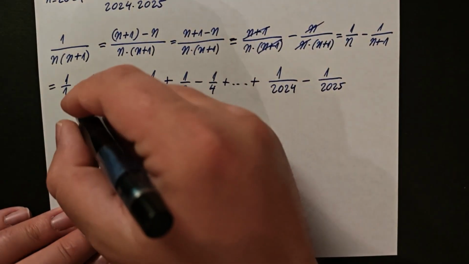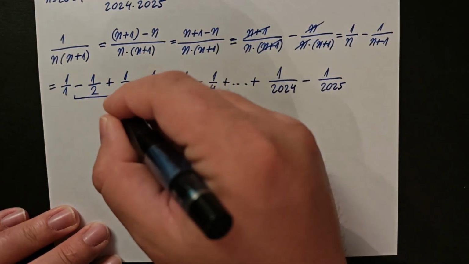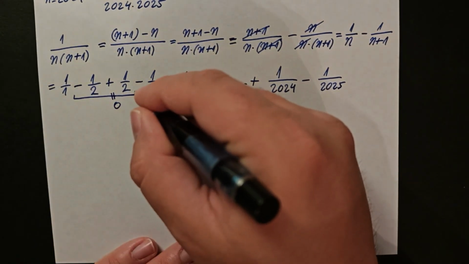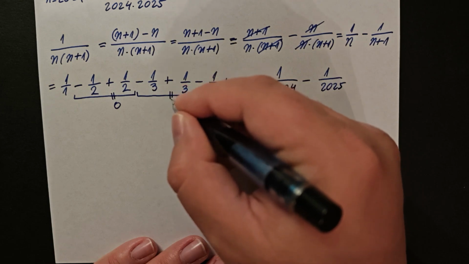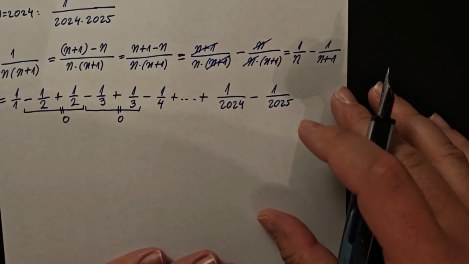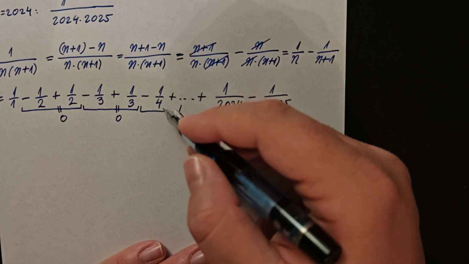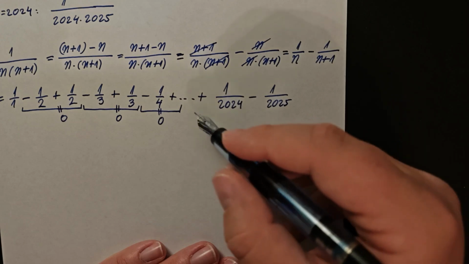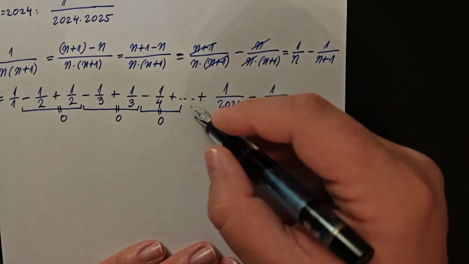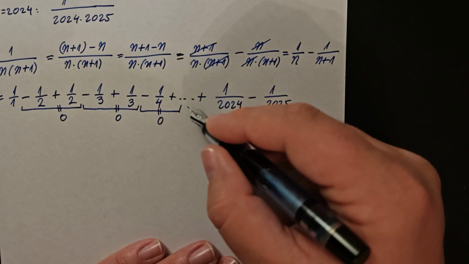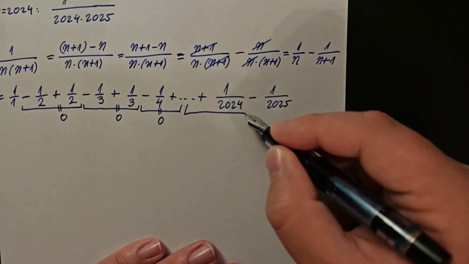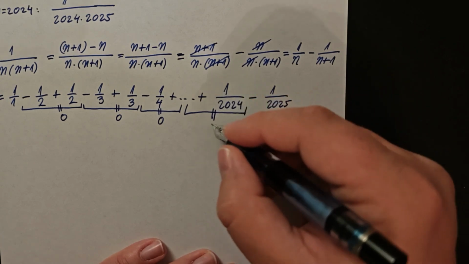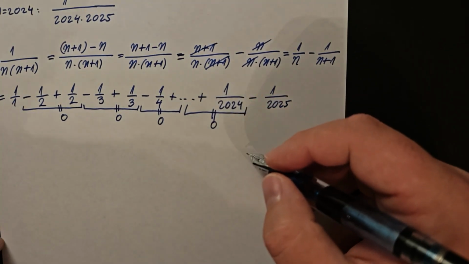As you can see now, this negative 1/2 and positive 1/2 are going to give us 0 as their sum. Again, a negative 1/3 and positive 1/3 are going to give us 0. Negative 1 over 4 and positive 1 over 4 are going to give us 0. And we have from the previous term of this sum, negative 1 over 2024, and with this positive 1 over 2024, it is going to give us 0.